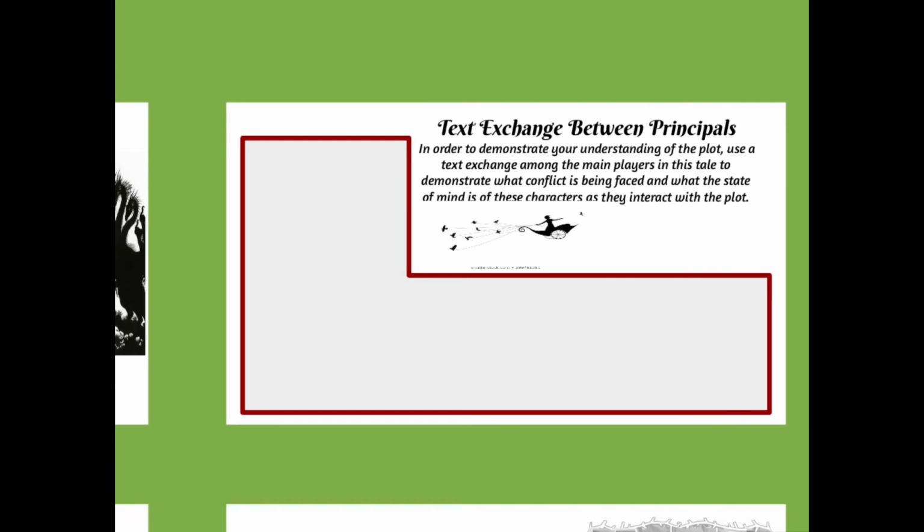And we're going to try to do that in a creative way by thinking of how you would do a text message exchange between principal characters in the story that reveals what plot is going on. This can be exchanged between more than one character. So you could set that up as a Twitter feed, a text message feed, you name it, even an Instagram, possibly even a TikTok feed, although I'm not sure about that.